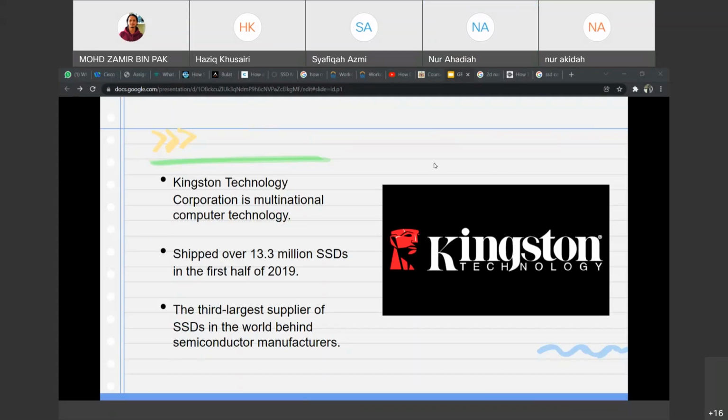Right, company in technology project. Kingston Technology is marketed in China and is good in memory products and technology solutions.